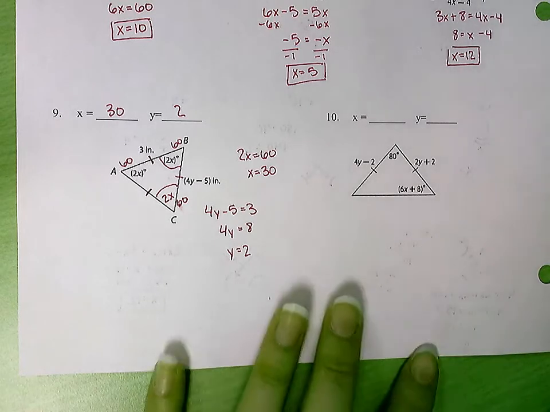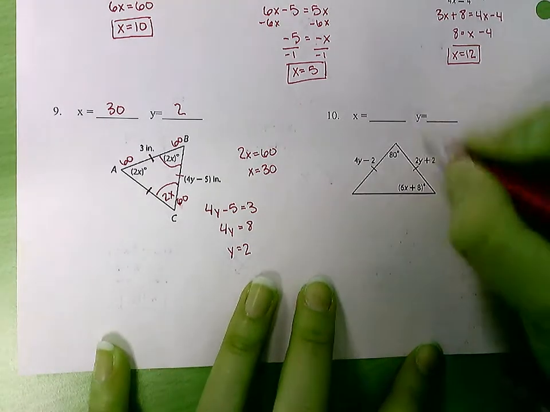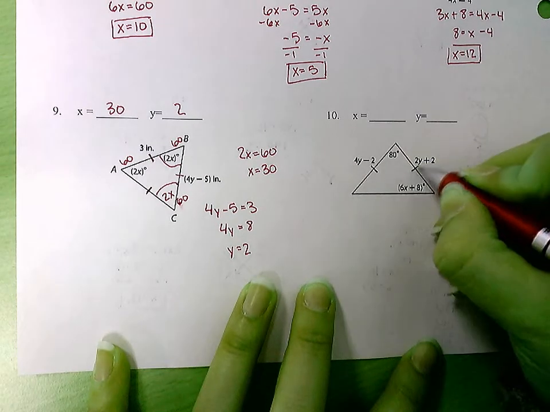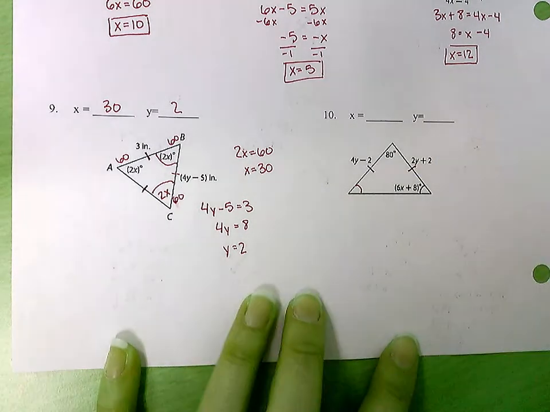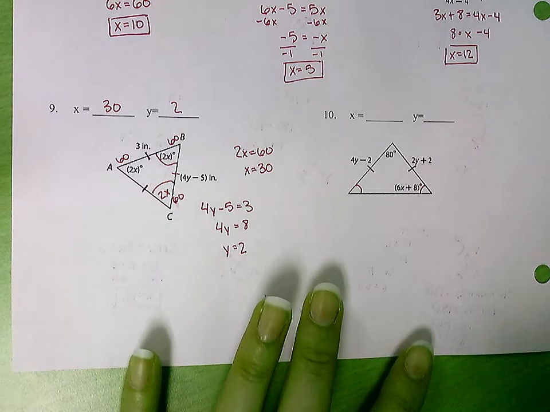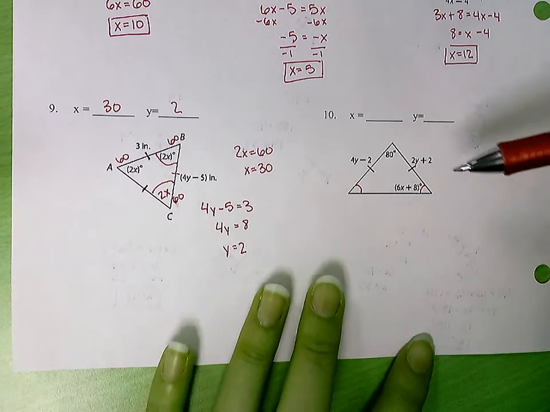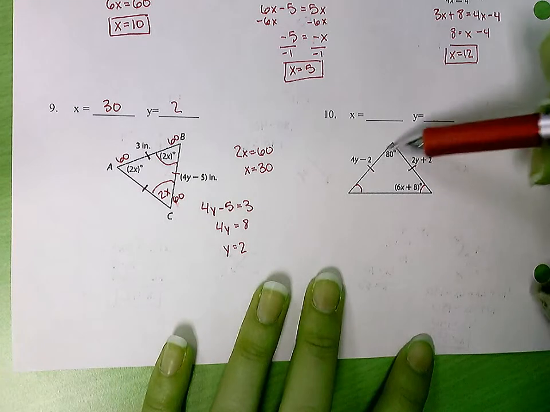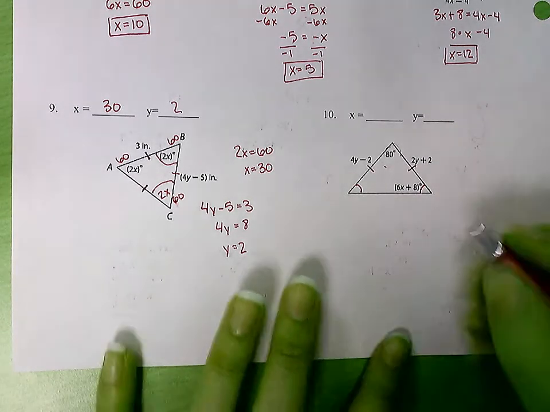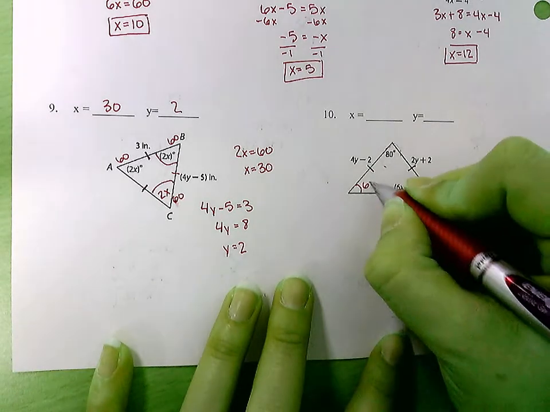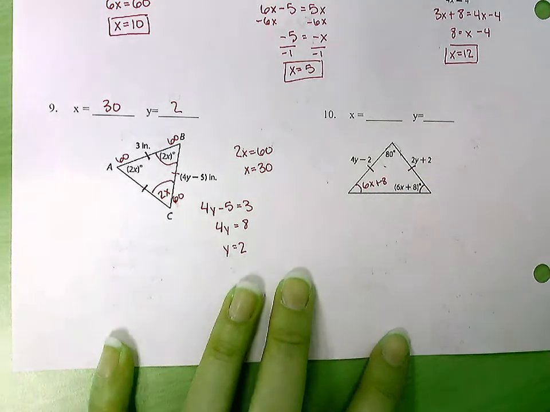Then looking at number 10, since these two sides are congruent, that means these two angles are congruent. Okay, this one is not an equilateral triangle, it is isosceles, since this angle is 80. Okay, so that means this angle is also 6x plus 8.